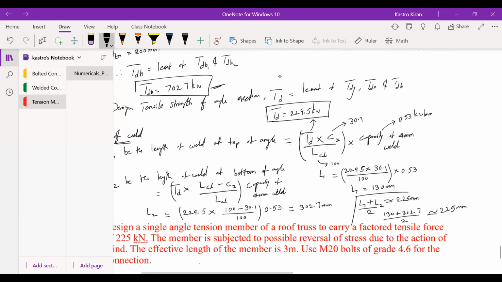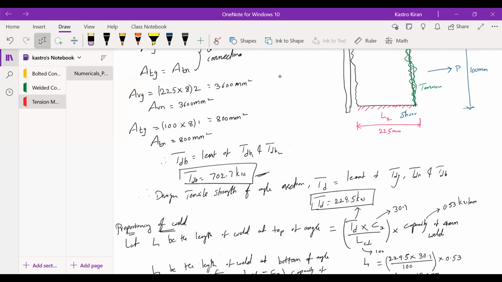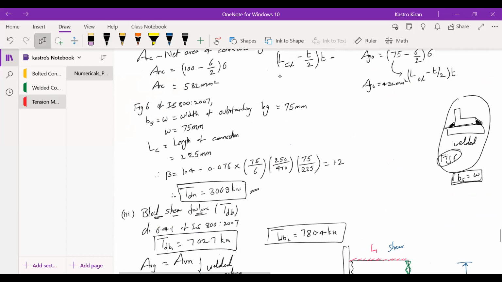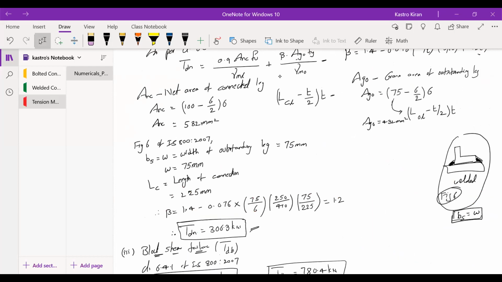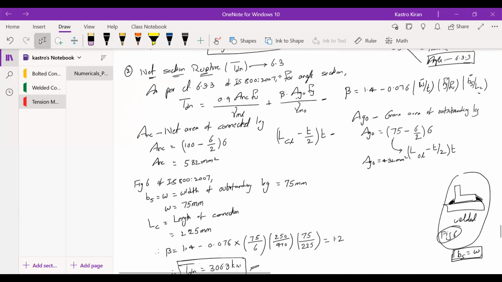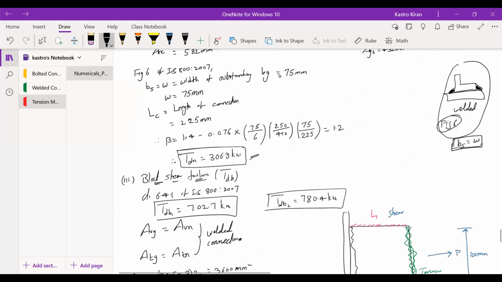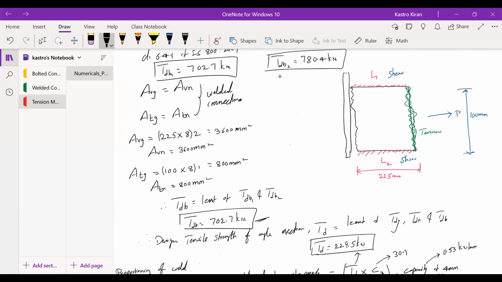The key things you have to remember are three important points in this kind of problem. The first is the care you have to take while calculating the value of BS in the formula of beta. The second is when you are solving for AVG, ATG, ATN, and AVN: the value of AVG equals the value of AVN, and the value of ATG equals the value of ATN, as per the code book.